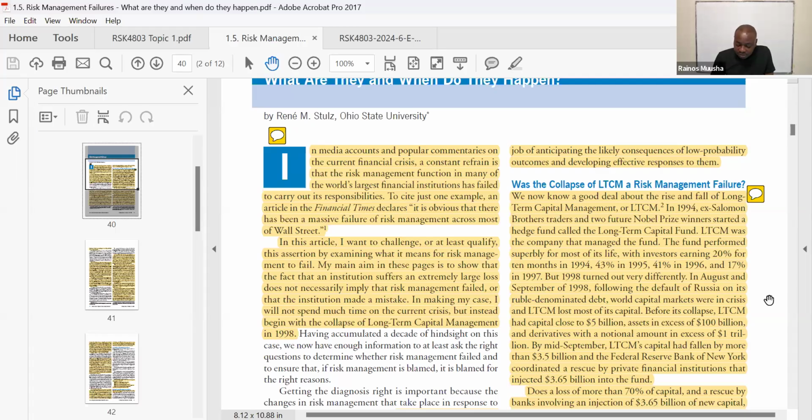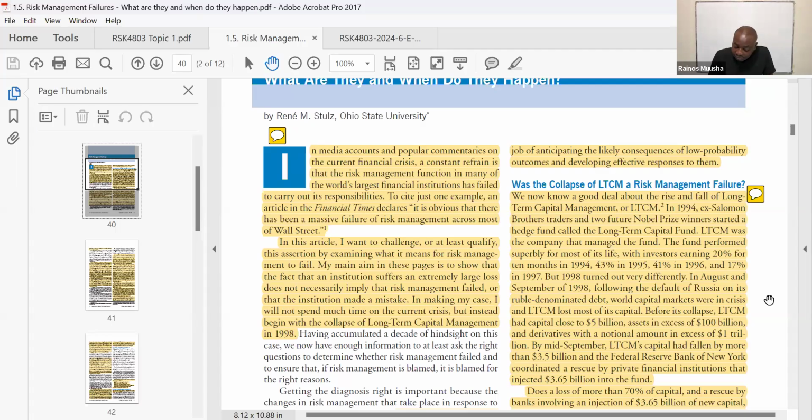In August and September of 1998, following the default of Russia on its ruble-denominated debt, world capital markets were in crisis, and LTCM lost most of its capital. Before its collapse, LTCM had capital close to 5 billion, assets exceeding 100 billion, and derivatives with a notional amount in excess of 1 trillion.